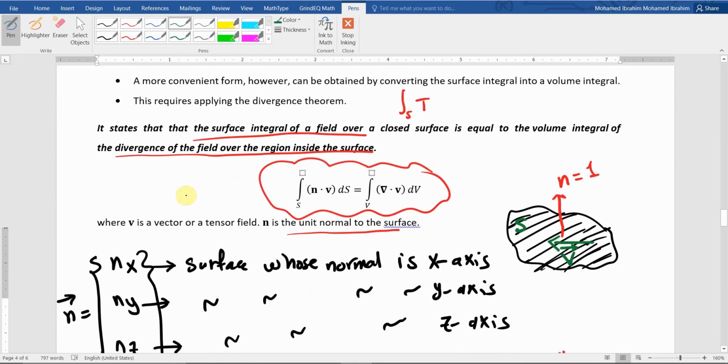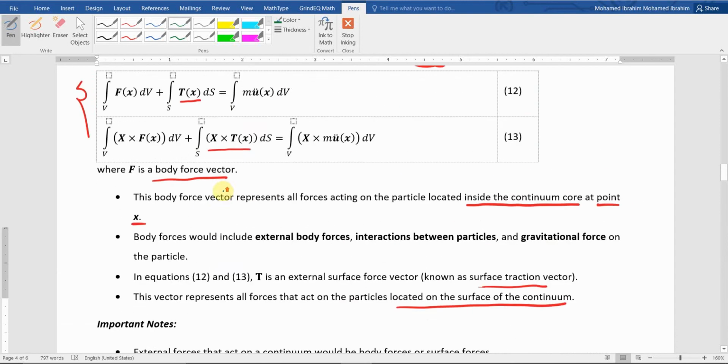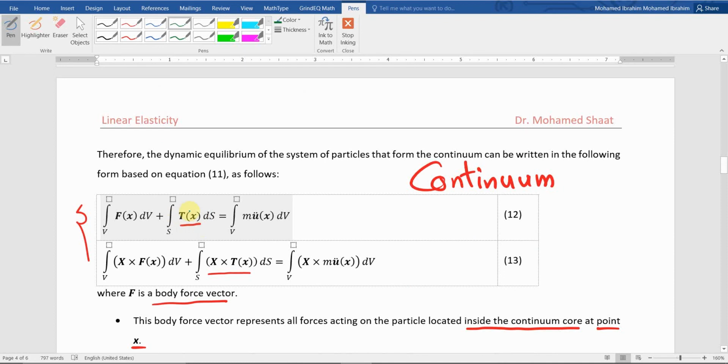This theorem is commonly used in many applications. We're going to use it to convert this surface integral into an equivalent volume integral, and we're going to do the same thing for this other term, right?